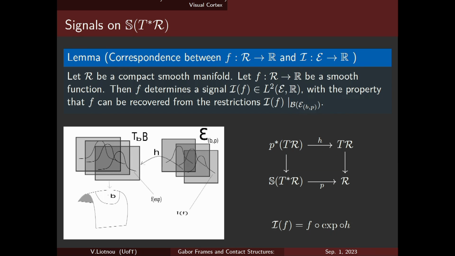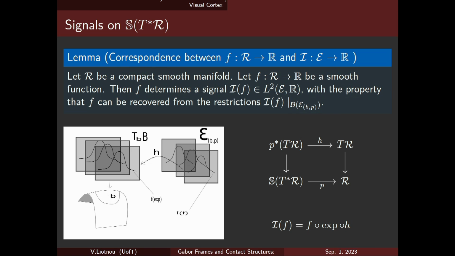So one would also want some consistency between the lifted signal on the pullback bundle and the one originally being on the retina. If we assume compactness of the retina, or more generally, if we assume geodesic completeness, then one can determine the f function.